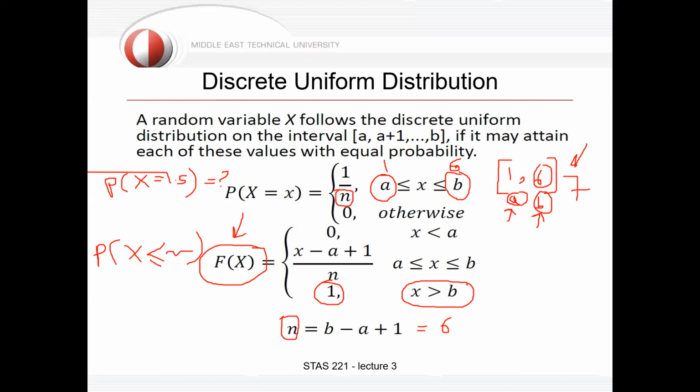So if it is 7, then in the format of cumulative, obviously all the values that you can get for throwing a die should be less than 7 anyway. So this is 100%.